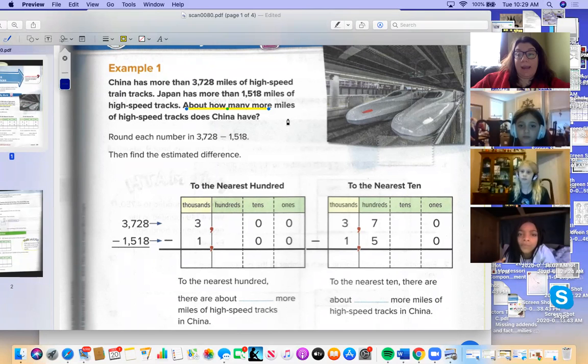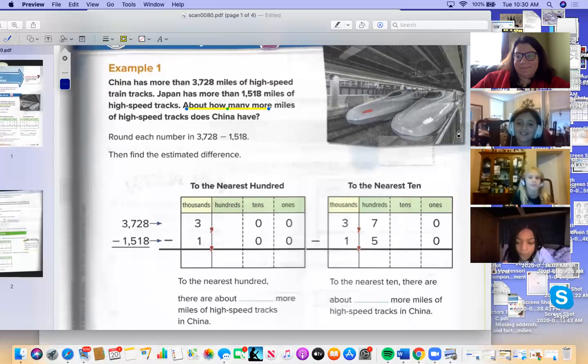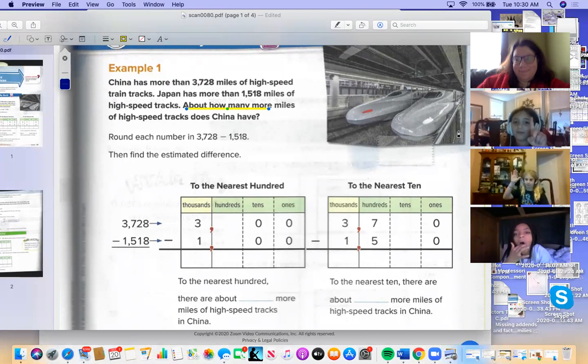Because if I say Charlotte has 9 apples, and Athena has 8 apples, how many more apples does Charlotte have? 1 more apple, right? So we subtract.